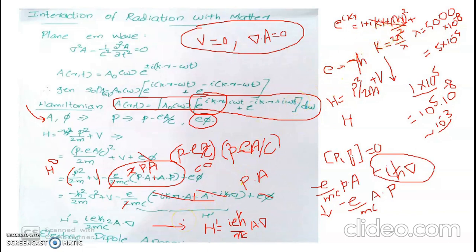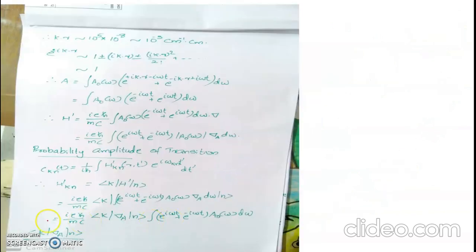So the Hamiltonian of the system, when the interaction occurs with radiation in visible range is concerned, becomes H prime equal to i e h cross by mc integral, actually A dot grad. A is approximately now equal to integral A0 of omega, e raised to minus i omega t plus e raised to plus i omega t, d omega, dot grad.